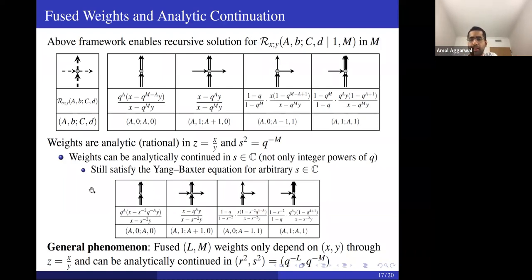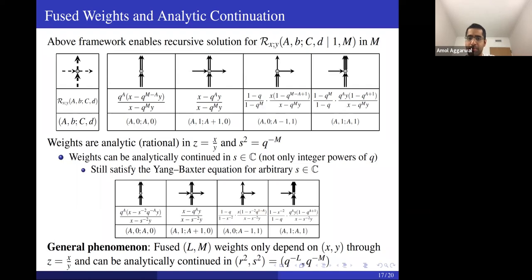And by analytic continuation, I mean, I write down the Yang-Baxter equation for these weights. It'll be some polynomial expression in terms of x, y, and q to the m. If this polynomial expression has infinitely many zeros in s, like if I take q to the m to be any integer power of q, the Yang-Baxter equation will be satisfied, and therefore it will be satisfied for any value of q to the m.